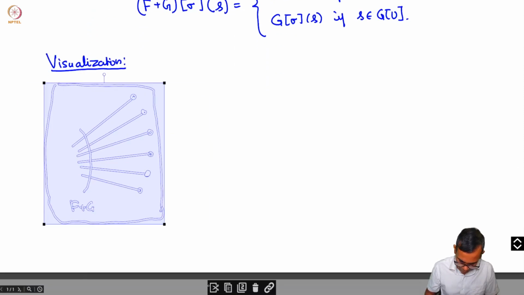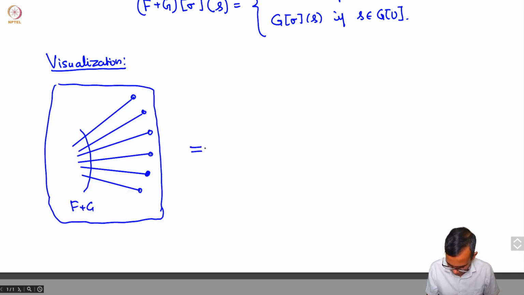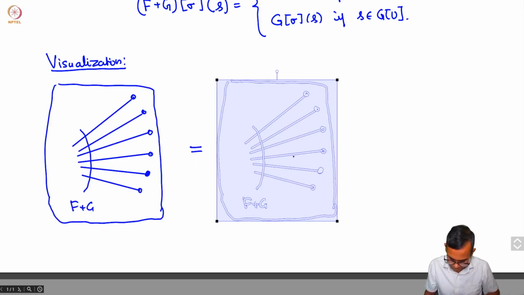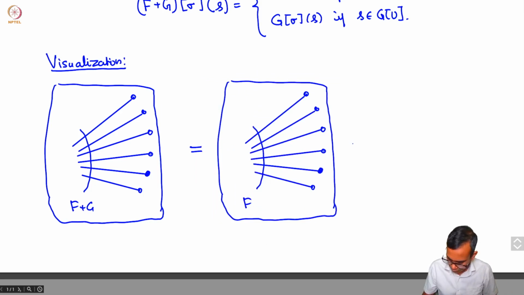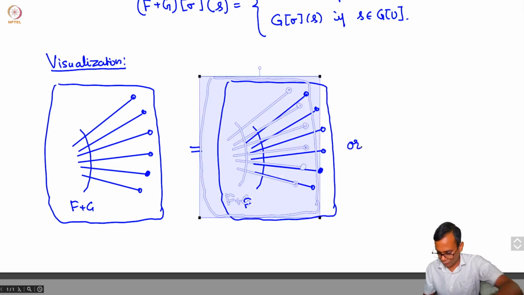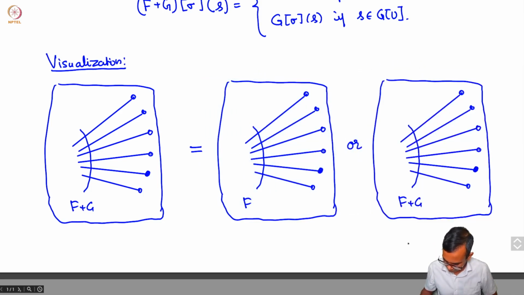So I'll write it as this is equal to either an f structure on this set or a g structure on this set. That's the visual description of the sum. So in other words, an f plus g structure on a set U is either an f structure on the set U or a g structure on the set U.